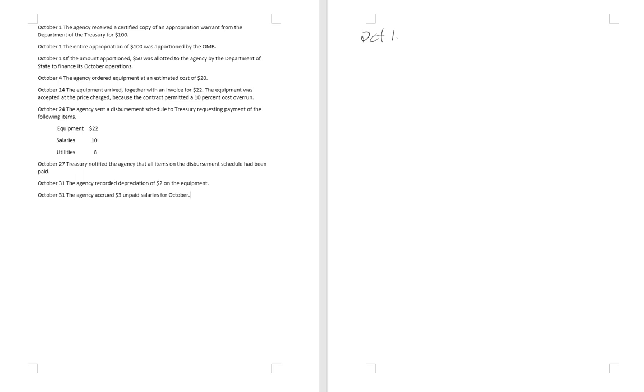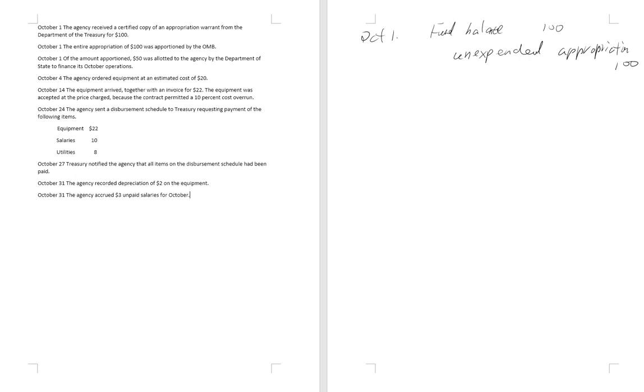We're going to record the funds available, so we debit the fund balance with Treasury, 100, and then we credit the unexpended appropriations, $100.